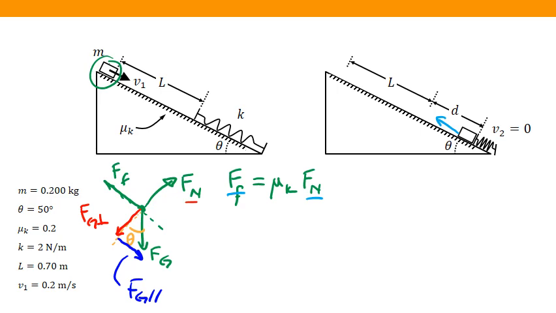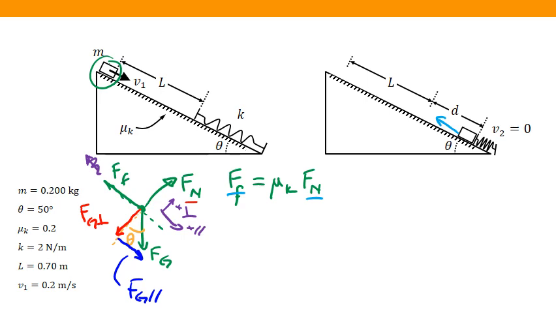Now I write out my equations. If I'm going to pick a coordinate system, let's pick down as my positive for the parallel direction, and the direction of the normal force as positive for my perpendicular direction.